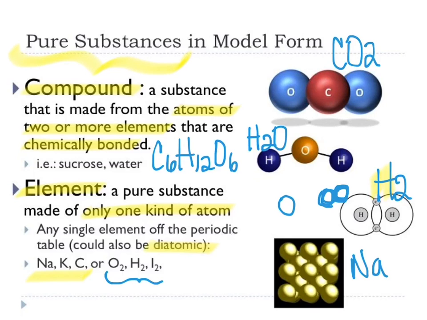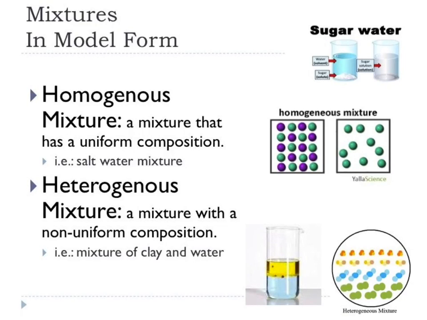So next we're going to take a look at mixtures. There are 2 types of mixture. We have a homogeneous mixture. The prefix homo means the same.